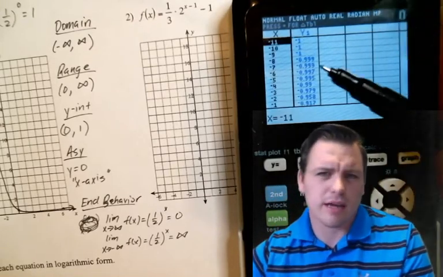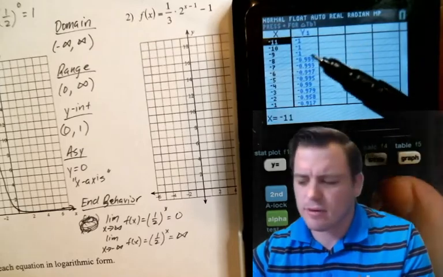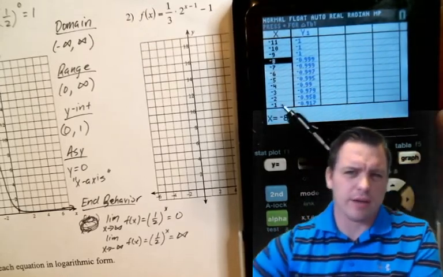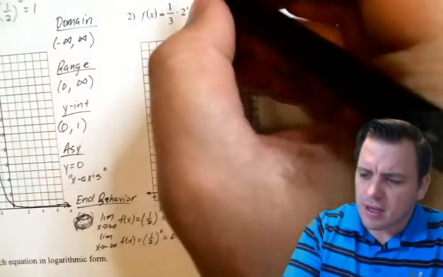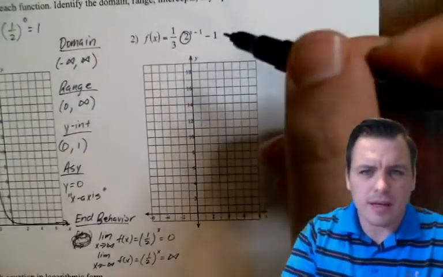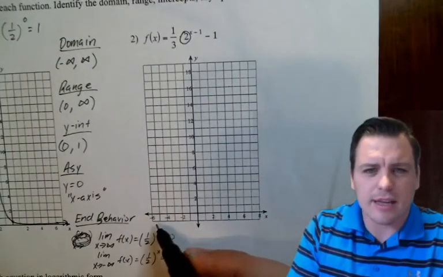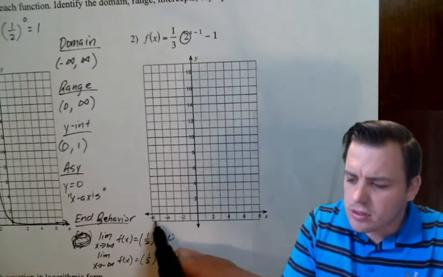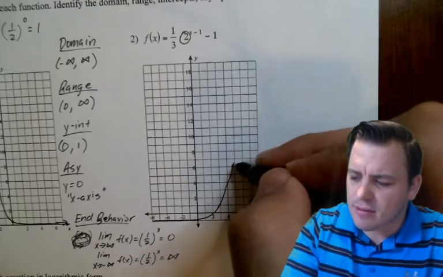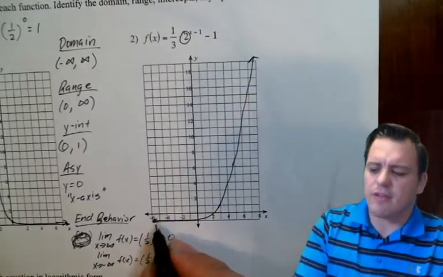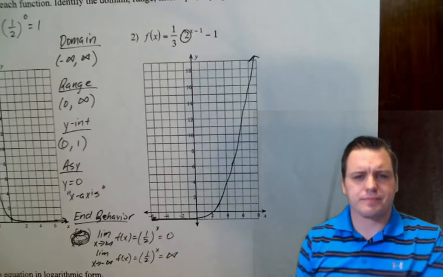Of course, the calculator is going to round to say it's hit -1, but it's actually not. It's just rounding it, all right? So that tells me it's doing this. And because this b right here is greater than 1, it's exponential growth. So it should be looking something like this. Again, the graph is not nearly as important as the information that follows.